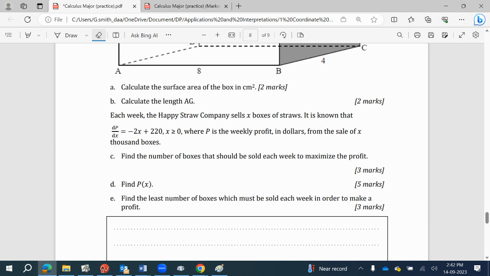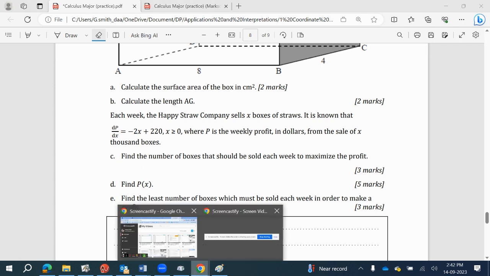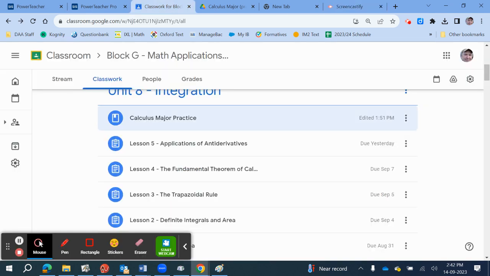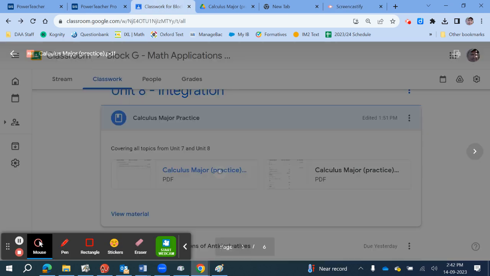Okay, we're missing a line on this one, at the bottom. Let me go and find it in the Google Classroom.